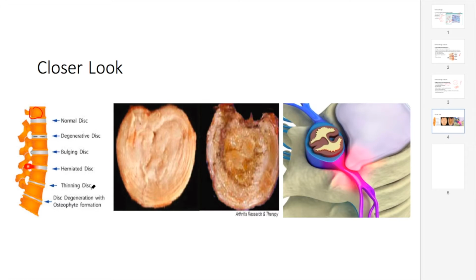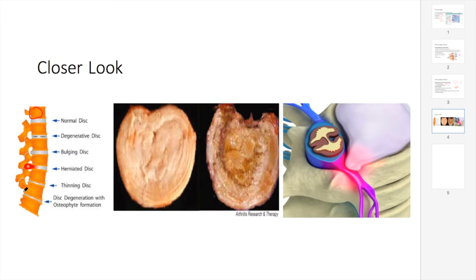You can also have thinning of the disc, which might be another problem. If the pad is not in the normal range, it cannot hold the stress. You need a normally thick pad so that it can absorb those shocks. Another thing that might happen is disc degeneration with osteophyte formation.